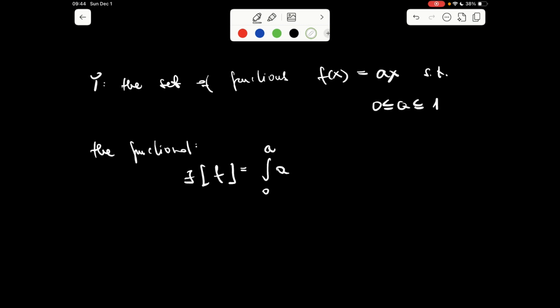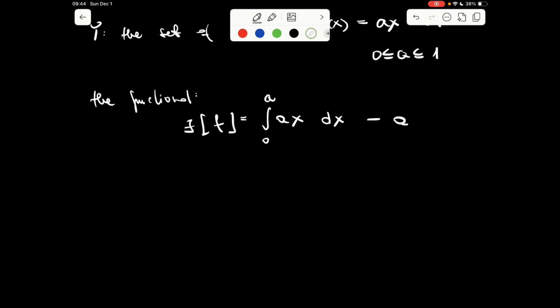The upper end of the integral is a, and the lower end is minus a. So this is another integral, but different from the previous one, from the one we used previously.